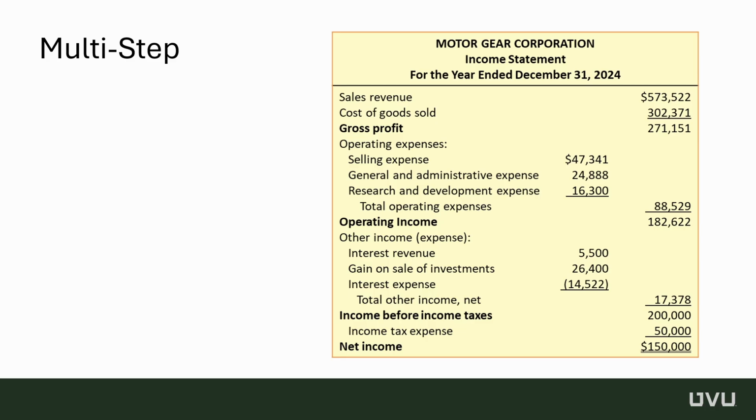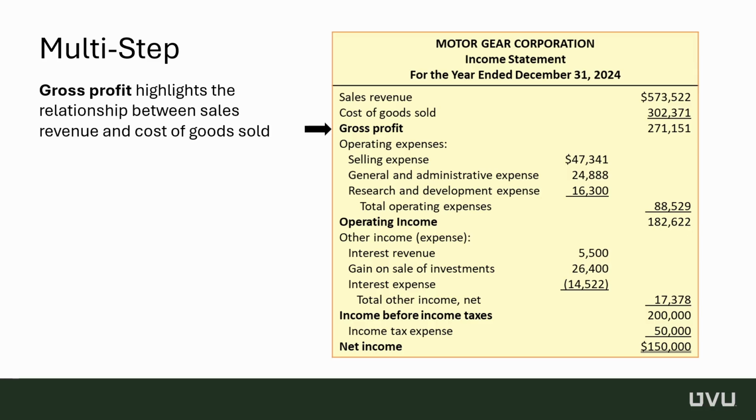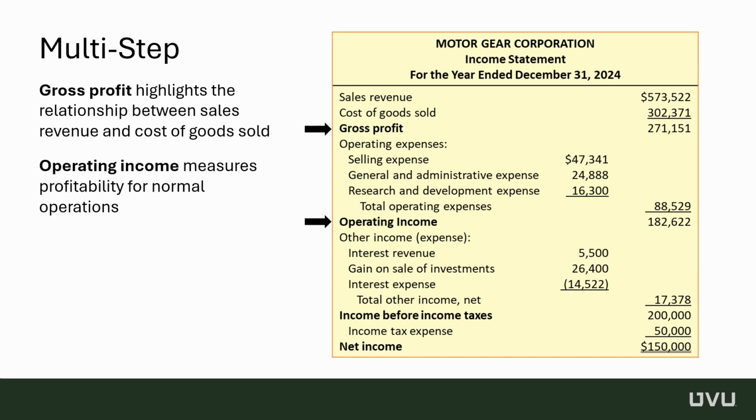The multi-step income statement provides more structure and more intermediate calculations. The first important subtotal we'll look at here is gross profit. Gross profit highlights the relationship between sales revenue and cost of goods sold. It helps users understand how much profit remains after simply covering the cost of the inventory or the goods sold to customers. Another important subtotal is operating income.